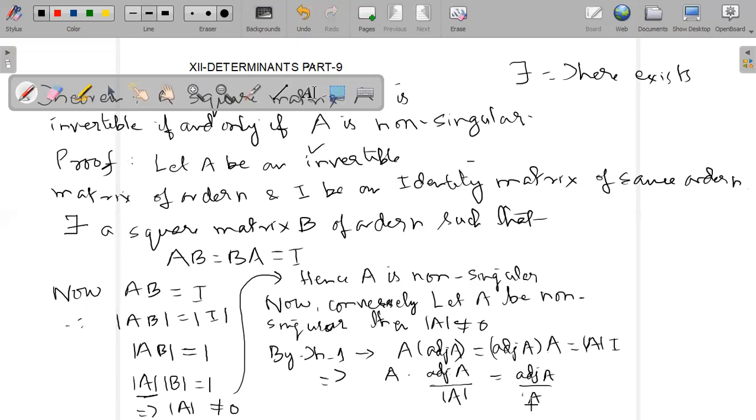Adjoint A upon determinant A into A will be equal to unit matrix.